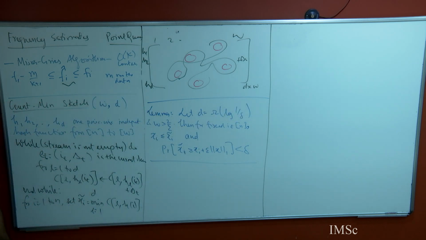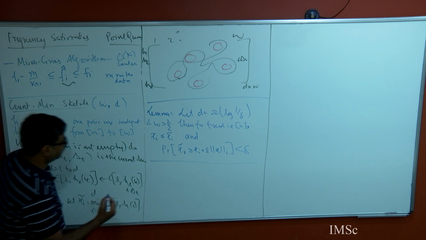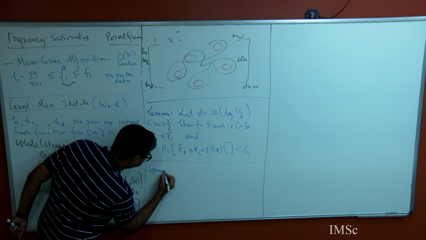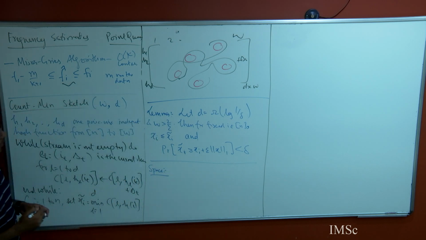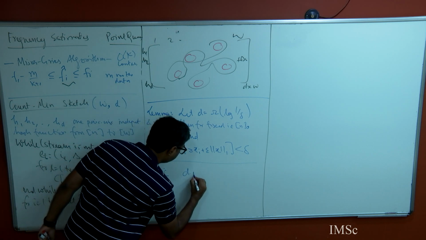So what does this tell us? How much space is used? Space usage is roughly how many counters we have: d times w counters.